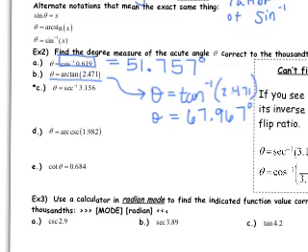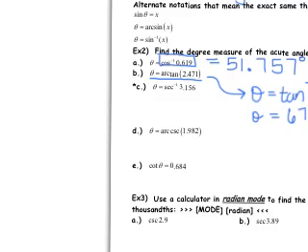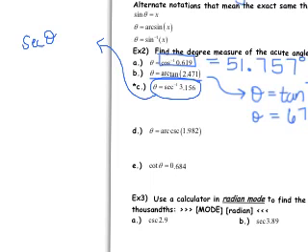Okay, now C is where it starts to get a little tricky because this is again the situation in which I don't have a button for. So I'm going to explain this pretty thoroughly before I show you how to put it in your calculator. So we know that secant of theta equals h over a.